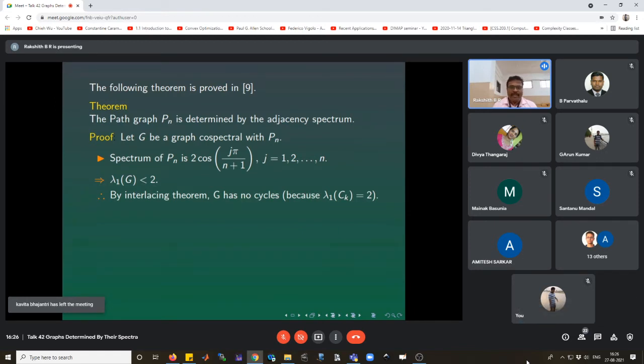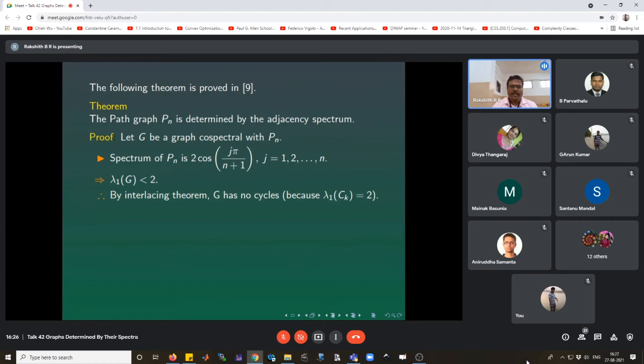Therefore by the interlacing theorem, the largest eigenvalue of the cycle is less than or equal to the largest eigenvalue of G. That means λ1 of G is greater than or equal to 2, which is not true, because the largest eigenvalue of G is strictly less than 2. Therefore G does not contain any cycle.